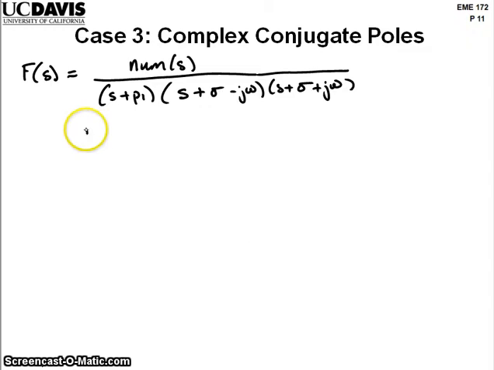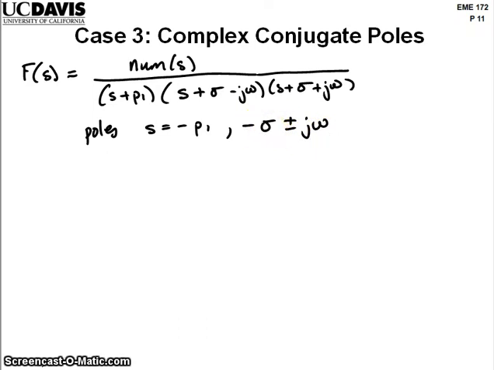So it turns out we have the poles here, s equals minus p1 and minus sigma plus or minus j omega. Now one thing, if you remember when I talked about the cosine, a pure cosine just had the imaginary part, right? The pure cosine had poles at plus or minus j omega, and there was no real part there.